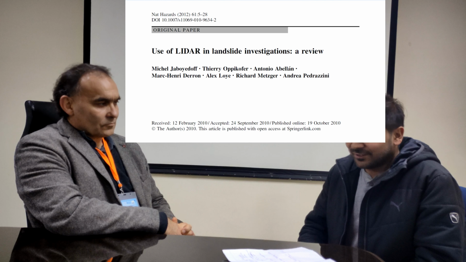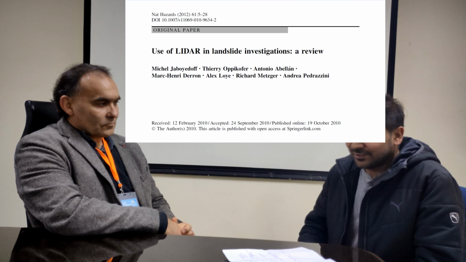Now, it's sure that LiDAR will probably be a bit less popular because it's expensive, but I think there will be some applications where LiDAR will be the best. For monitoring, in some cases, it's not always easy to do with drones.